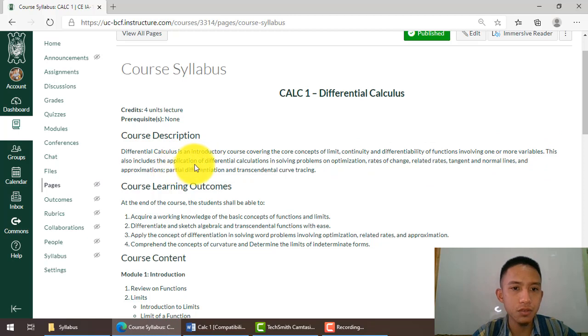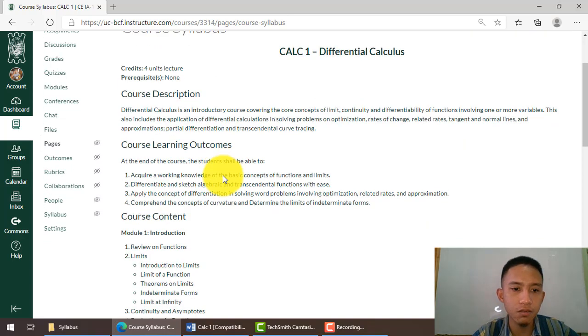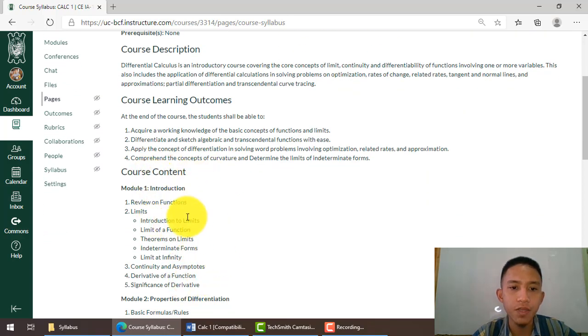This also includes the application of differential calculus in solving problems on optimization, rate of change, related rates, tangent and normal lines, and approximations, as well as partial differentiation and transcendental curve tracing. It seems complicated to understand, but once we break that down into its course content later on, you will understand what we will be doing in this subject.